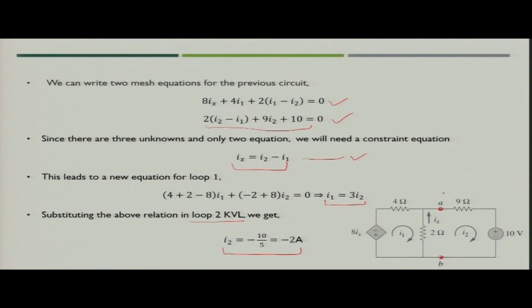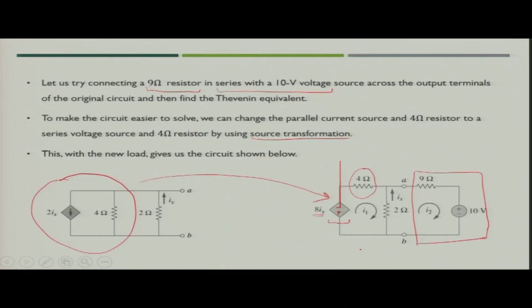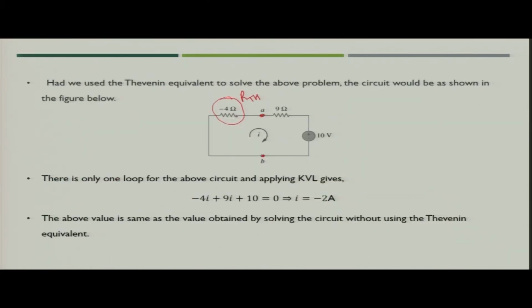So, the left side of this, which was our original circuit, can be replaced by only the minus 4 ohm resistance, that is the Thevenin resistance connected across terminals A and B. So, we now have a very simple circuit when we consider the Thevenin theorem, and we get the equivalent resistance of this particular loop as 5 ohm, with the 10 volt voltage source connected.